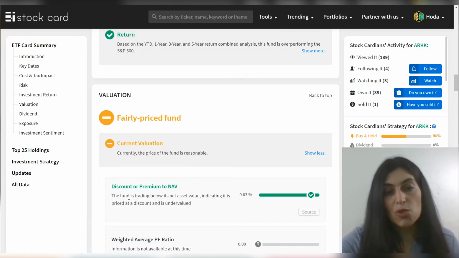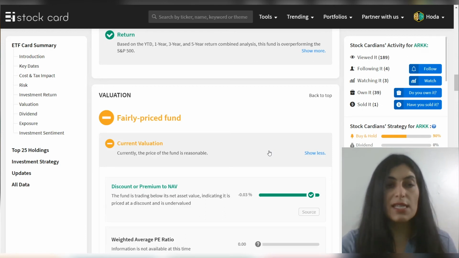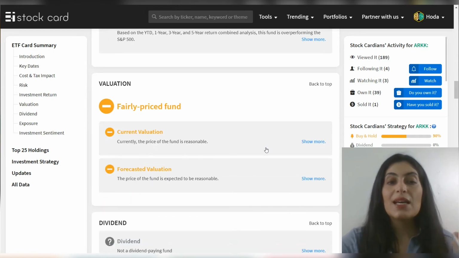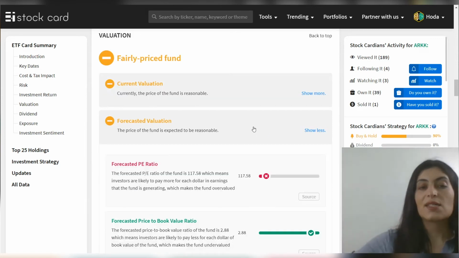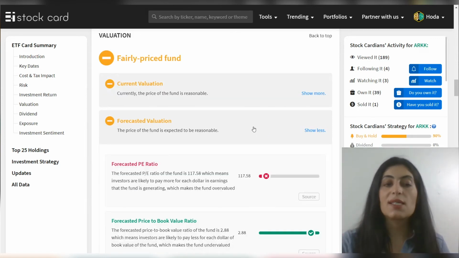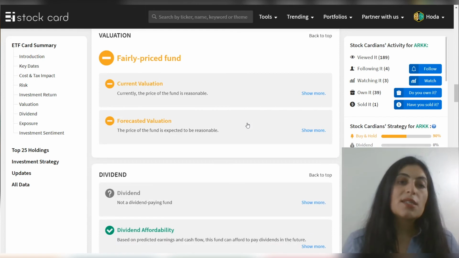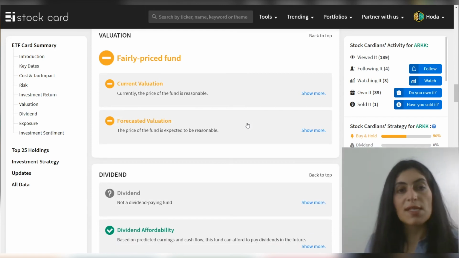Of course, discount to premium net asset value or NAV. We bring all that together to give you a good sense of whether the fund in the ETF is currently overvalued or undervalued. And then we also do that for forecasted. So forecasted PE, forecasted price to book, forecasted price to cash flow ratio, and so on. So not only can you see current, but you also see forecast.